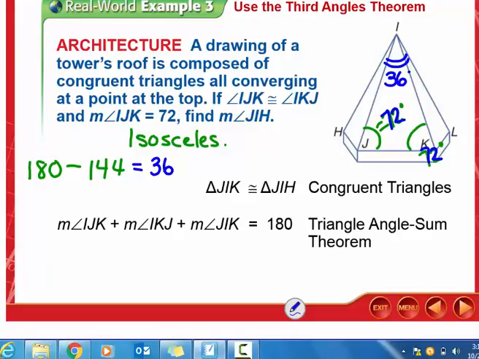That is the measure of angle JIK. Because all of these triangles are congruent, JIK is congruent to JIH. The measure of JIH is also 36.